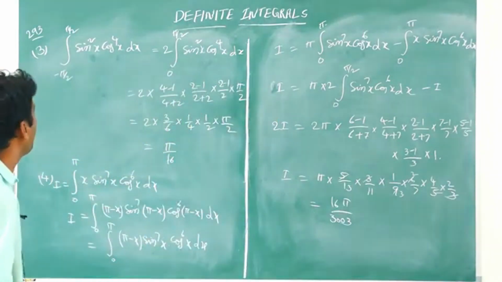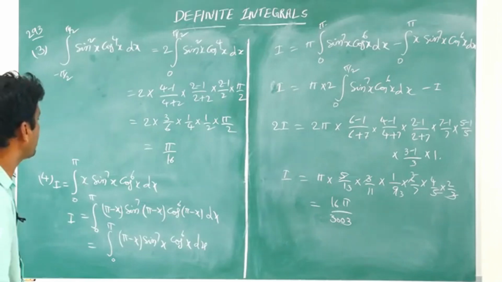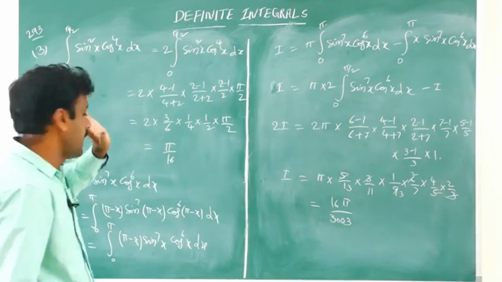That is integral 0 to pi x into sin power 7x into cos power 6x dx equals 16 pi by 3003.